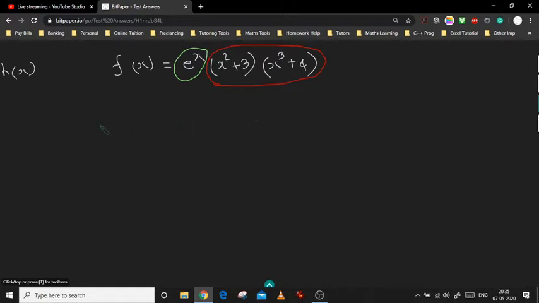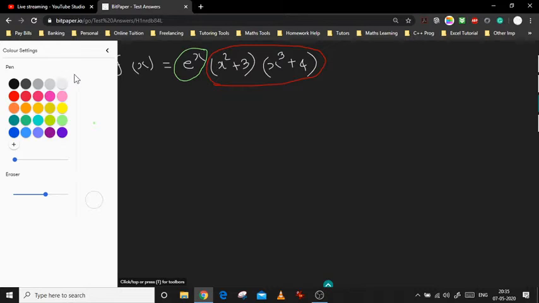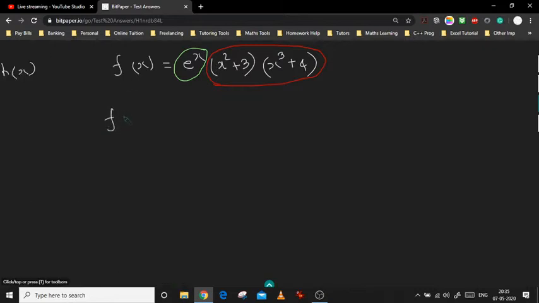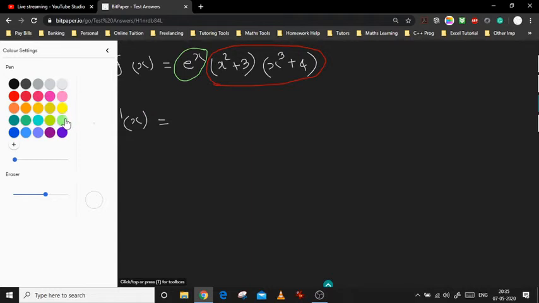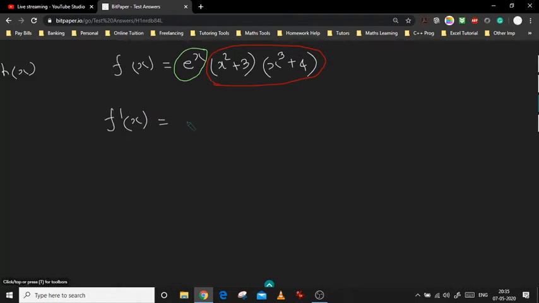Therefore f dash of x is equal to, I take the first one as it is, that is e power x, and then differentiate the second one, that is d by dx of x squared plus 3 multiplied with x cube plus 4.